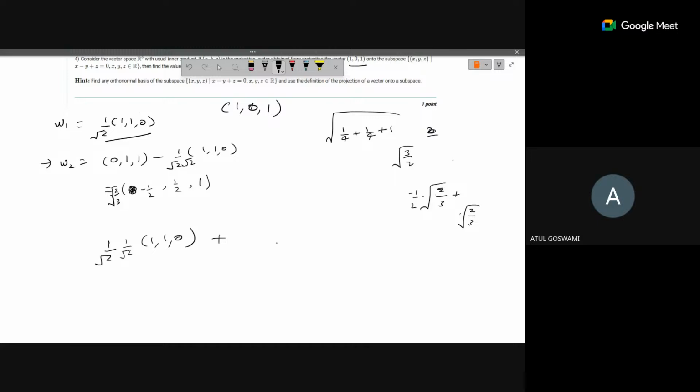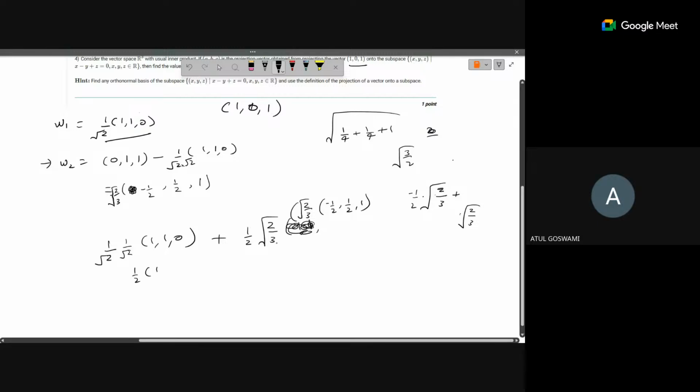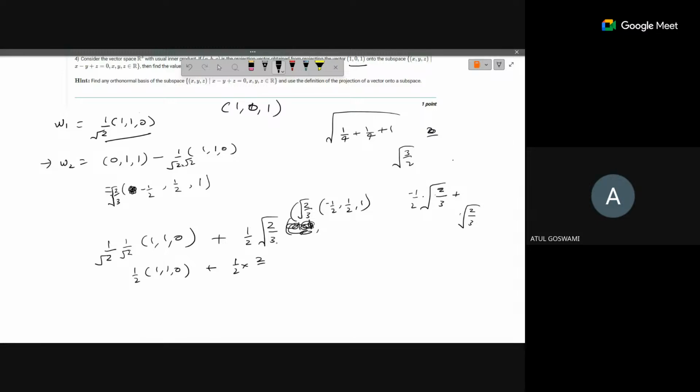So when we subtract, we will get the dot product times this entire vector, which is root 2 by 3 times minus 1 by 2, 1 by 2, 1. So when we multiply, we will get 1 by 2 times 1, 1, 0 plus 1 by 2 times 2 by 3 times minus 1 by 2, 1 by 2 and 1.